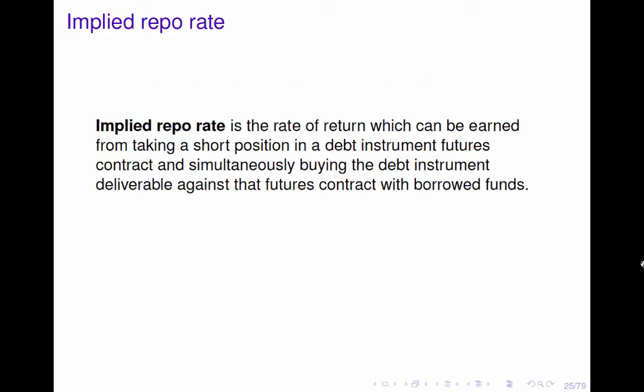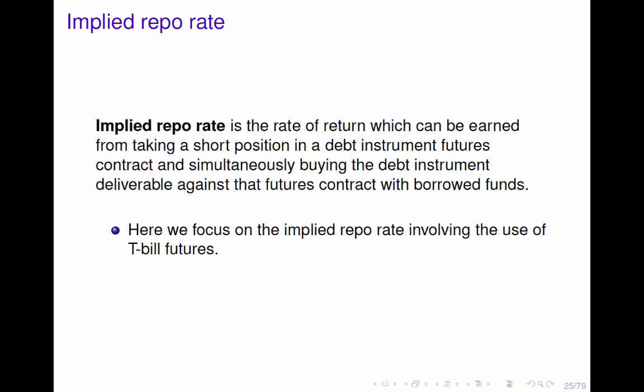One of the important concepts related to the T-bill futures contract is the implied repo rate. It is the rate of return which can be earned from taking a short position in a debt instrument futures contract, and simultaneously buying the debt instrument deliverable against that futures contract with borrowed funds. Here, we focus on the implied repo rate involving the use of T-bill futures.